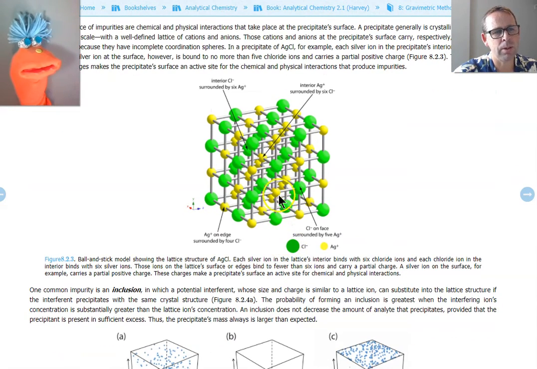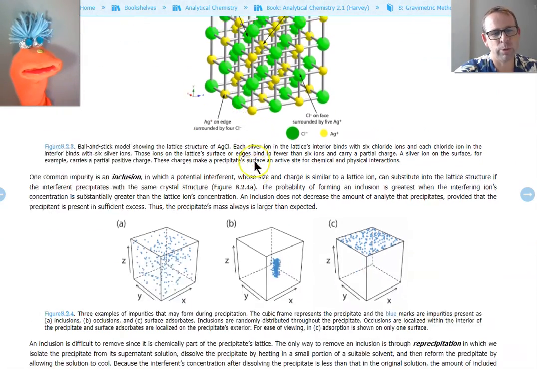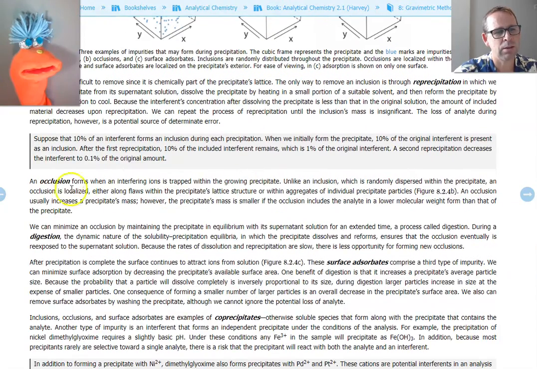So you can get, however, inclusions, right? You can get occlusions, which is basically ions trapped within the growing precipitate. Inclusion is randomly dispersed, but the occlusion can actually be an ion that's trying to coordinate with the cation, right, or anion.